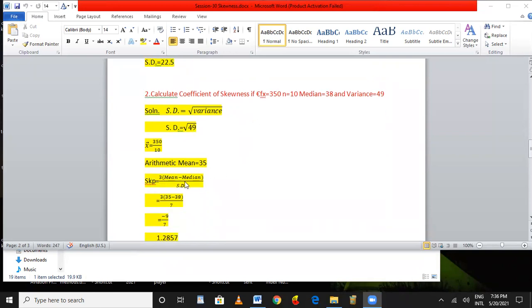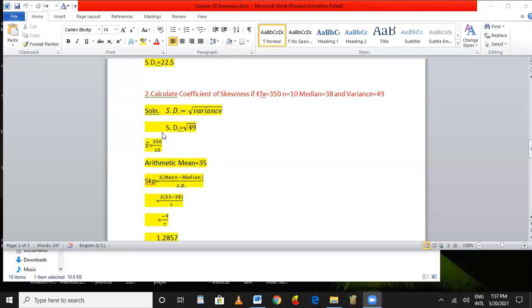To apply the formula, we need the mean, median, and standard deviation. They have given the variance instead of the standard deviation. We know standard deviation is equal to the root of variance, so root of 49 is 7.